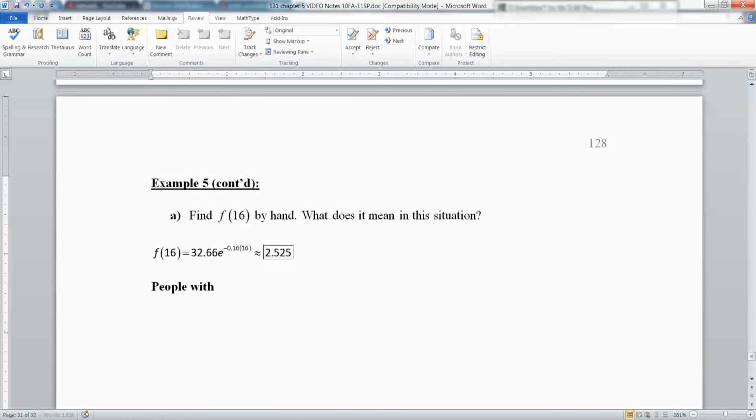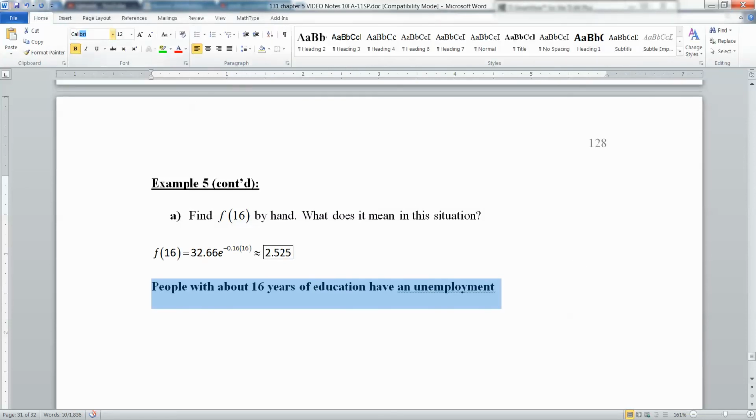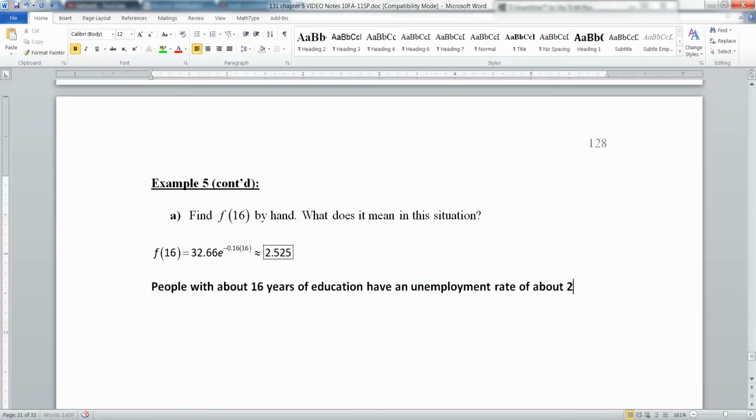People with about 16 years of education have an unemployment rate, and again, this was back when this data was from, I think the mid-2000s, but it's okay. So people that have 16 years of education have an unemployment rate of about 2.525%.